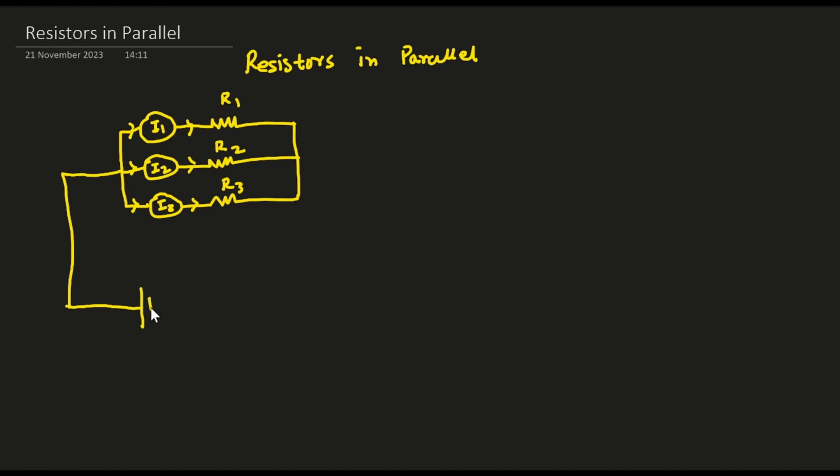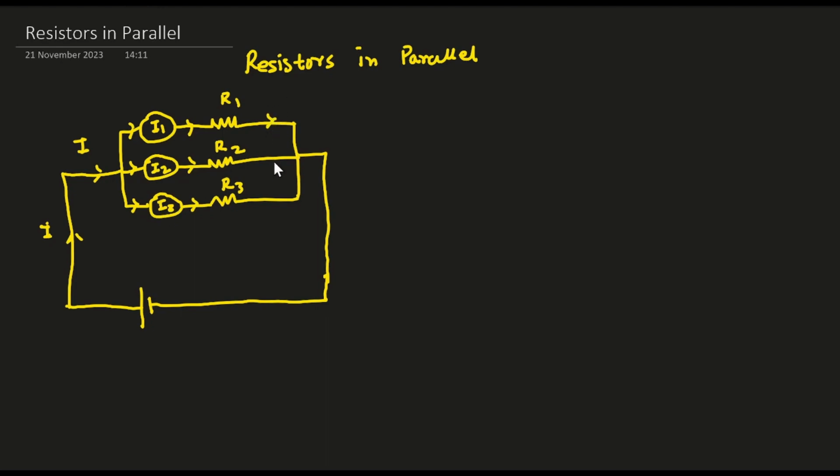And then I will connect a battery and I will complete this circuit over here. This circuit is completed. Say I amount of current will flow through here. Now there is a branching, therefore this current I will be divided into 3 parts, I1, I2, I3.